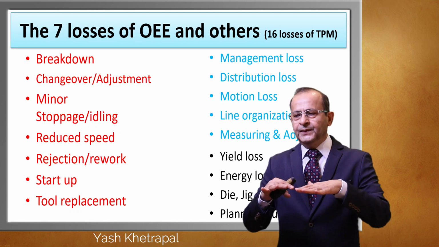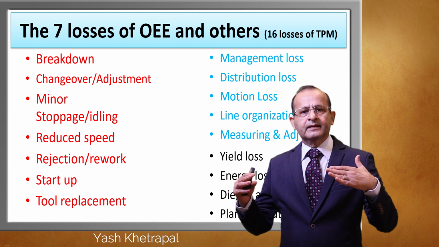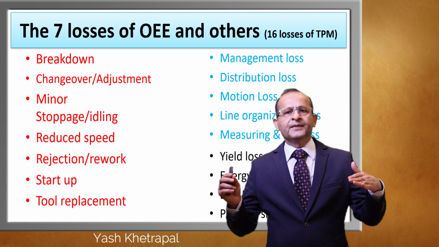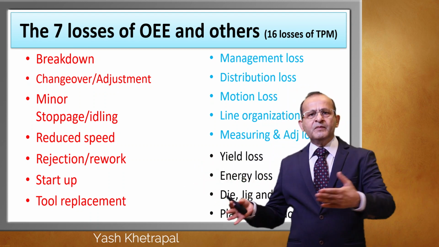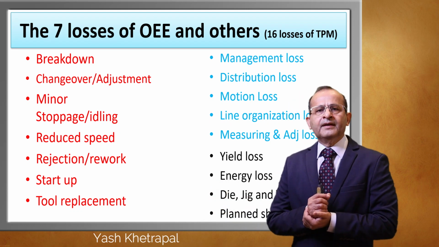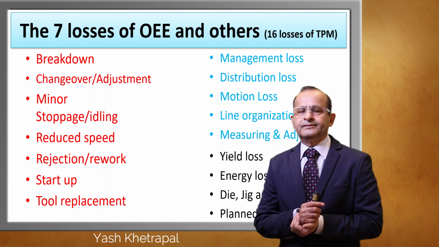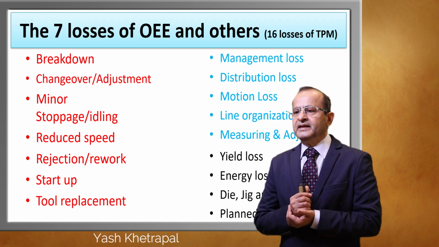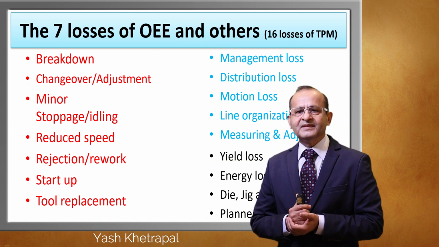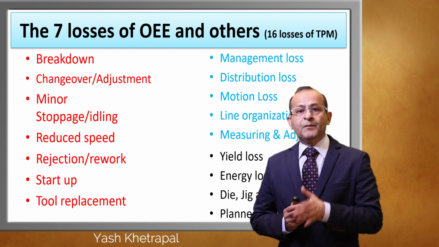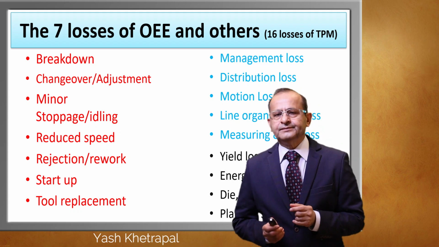We are not able to give raw materials. Raw material has come, we have not been able to distribute it properly. Motion loss, excessive movement of the workman. Line organization loss, measurement and adjustment loss. Third category, yield loss, energy loss, die, jig and tool loss. Plant shutdown, that's also a loss.